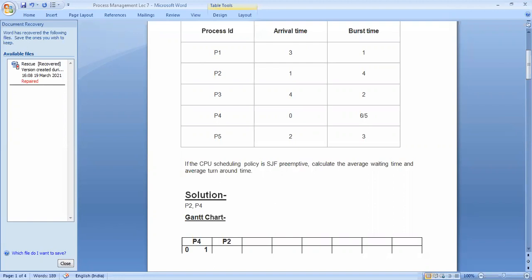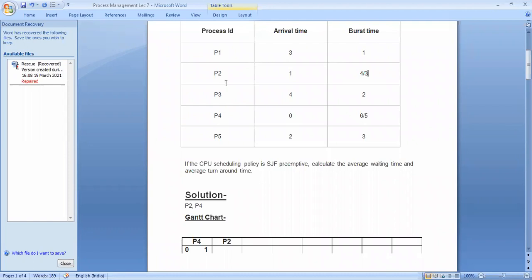Okay. So now after 2 milliseconds, again we'll check. Now burst time is 3. So again we will compare.